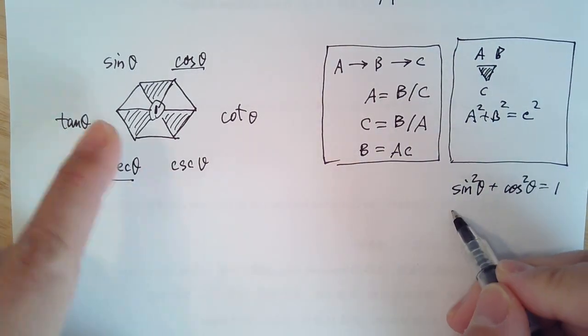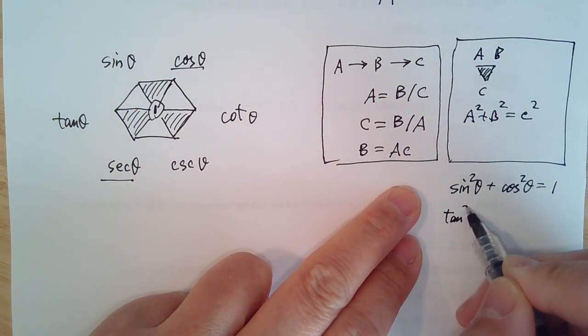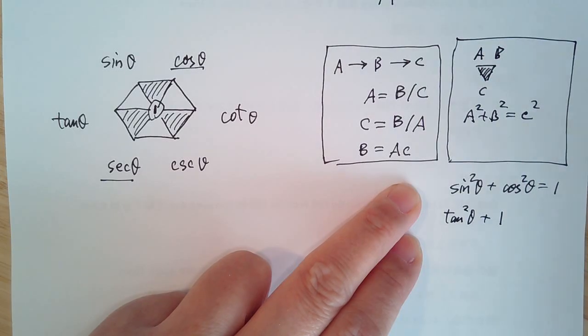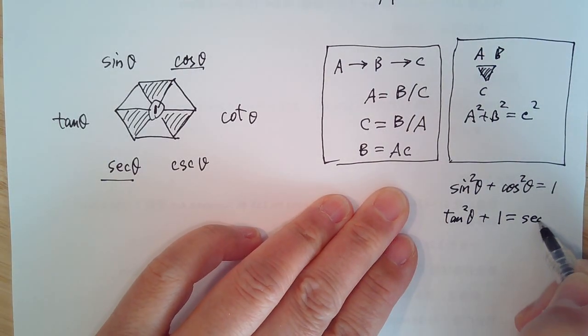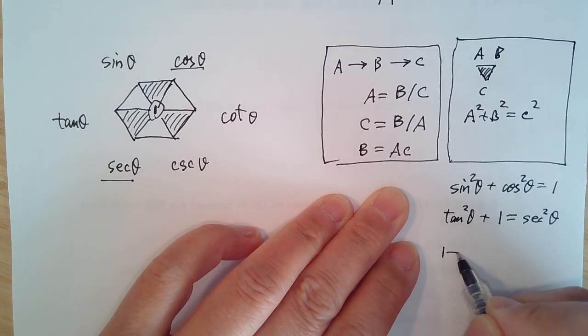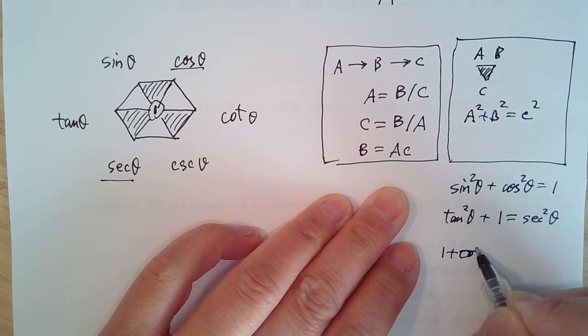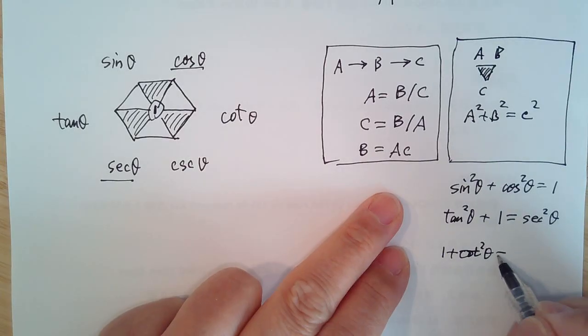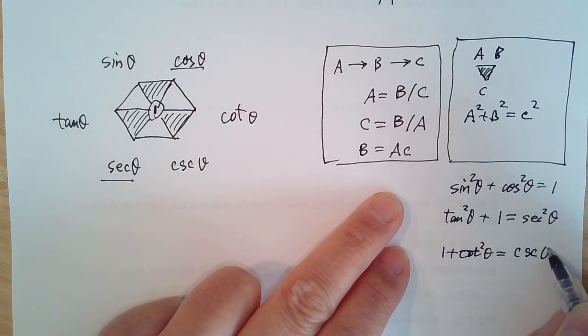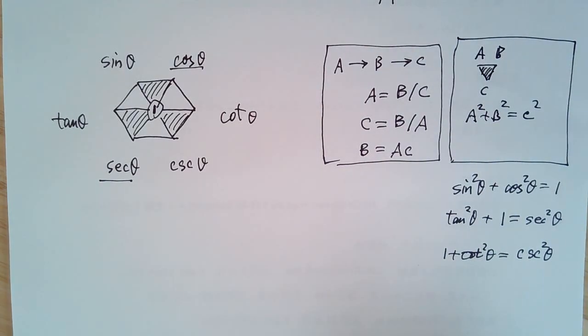Very similar, we have tangent square theta plus 1, which is 1 square, so I just write 1, equals secant square theta, and 1 plus cotangent square theta, which is this shaded triangle, will be cosecant square theta.